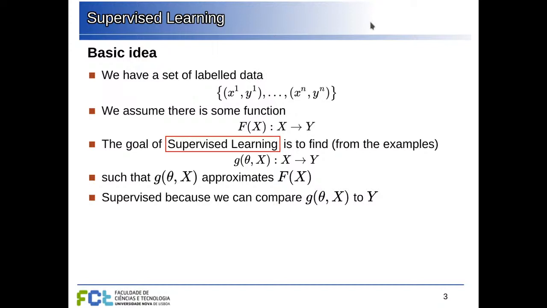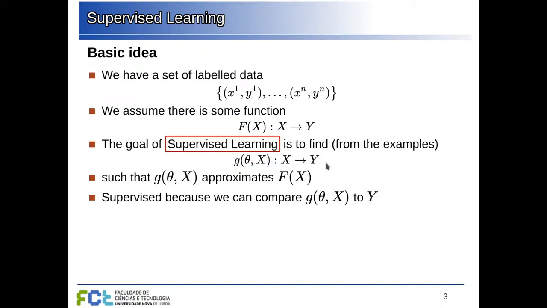The goal of supervised learning is to find from this set of examples that we're going to feed into the learner some function that approximates f. So we have this function that is a function of a set of parameters, because our model has these parameters to help us choose the best hypothesis. And if we instantiate these parameters into that particular hypothesis, then all we need to do is feed in the x and we get the y value.